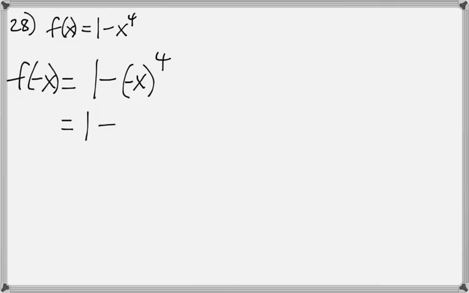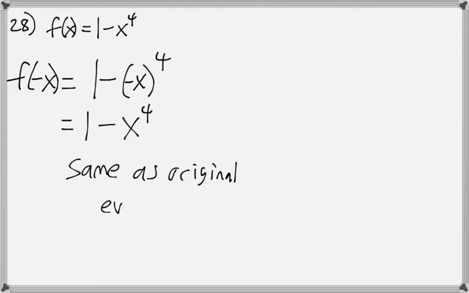So you are going to get x to the fourth. After simplifying, I compare this to my original, and they are identical. So because this is the same as the original, that means that this is an even function.